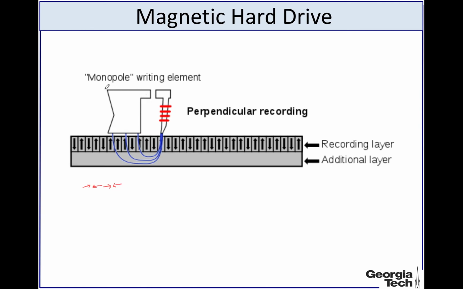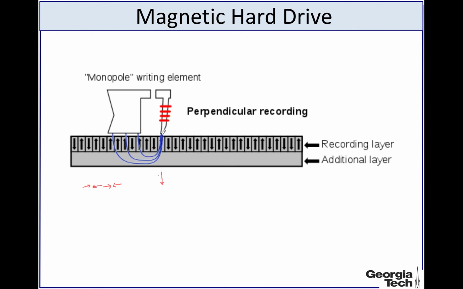So this is how the head looks. For writing, what the head does is that it creates a large magnetic field which is concentrated at the tip of this. Now say you want to write a magnetic domain like this domain into this orientation. So what you will need to do is apply a current that flows through this electromagnet or the coil over here, and it will create a magnetic field like this.